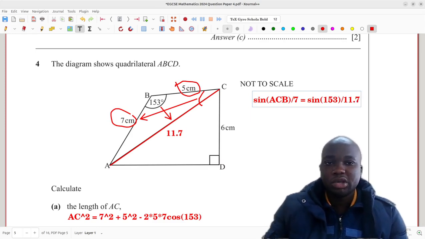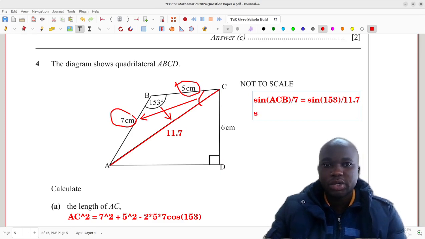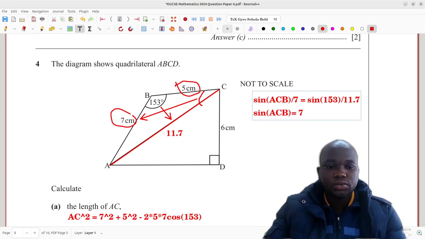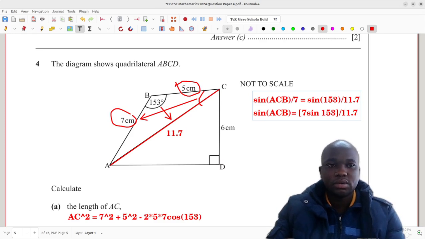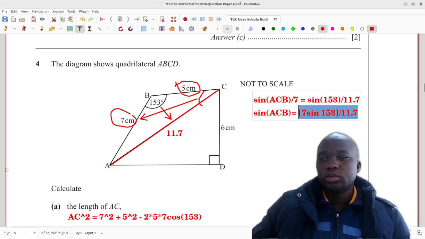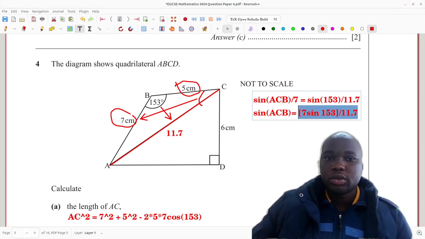Multiplying by the denominator 7 on both sides, you are going to get that sine ACB is equal to 7 sine 153 over 11.7. Let's use our calculator for that. Maybe I should be showing you the calculator here.